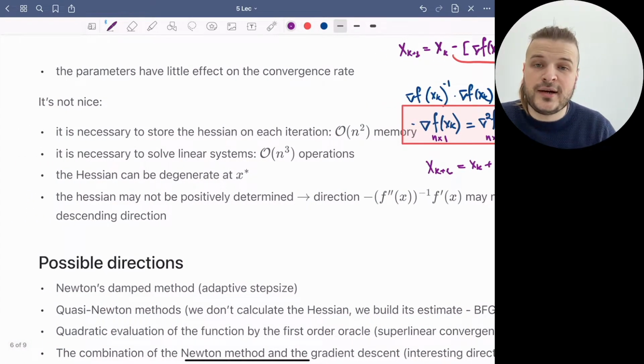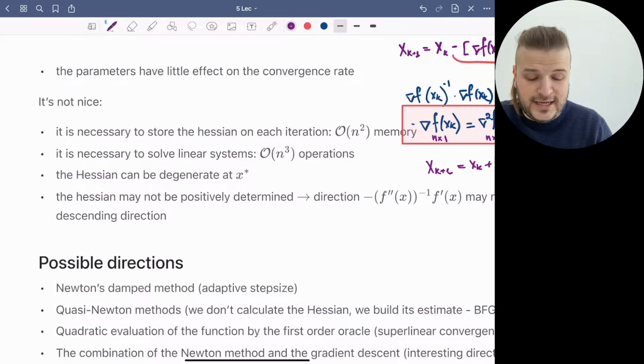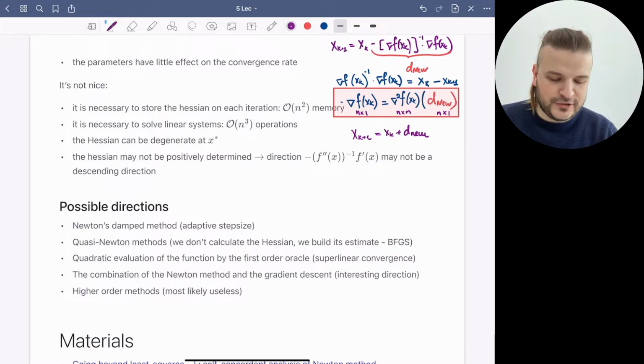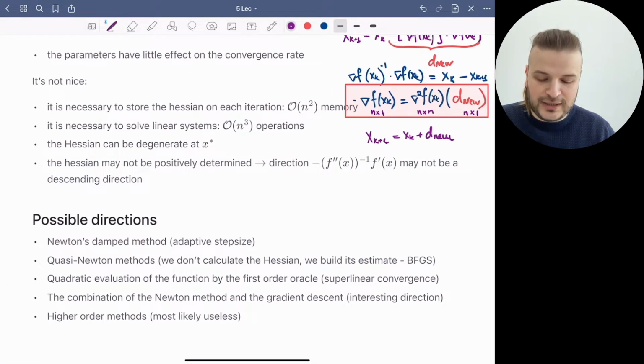The next problem here is, as I said, the Hessian can be degenerate at the solution or close to the solution, and it will affect the convergence, and we'll see how. But also interesting that, as I said before, if the Hessian is not positive definite, this direction could be not a descent direction.